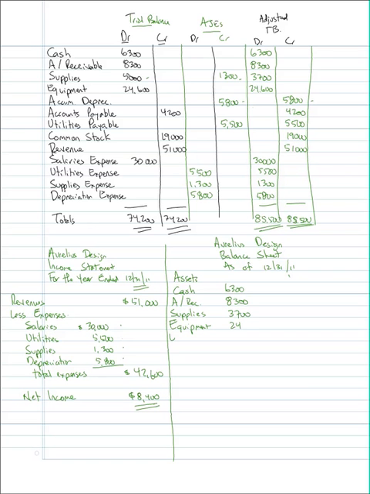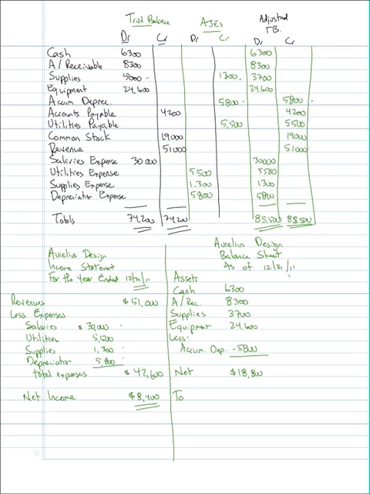Equipment has a $24,600 balance, but we have $5,800 of accumulated depreciation, so the net book value of our equipment is $18,800.